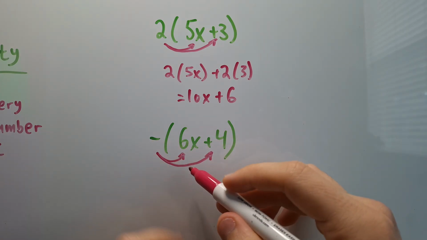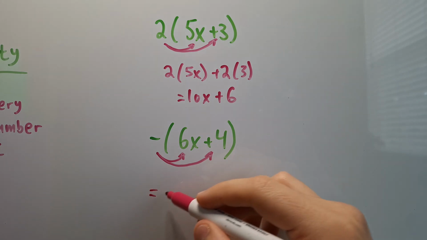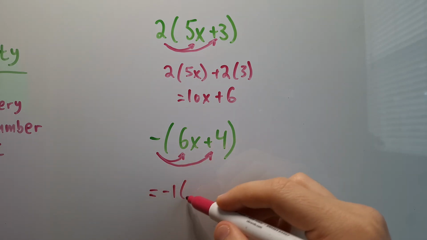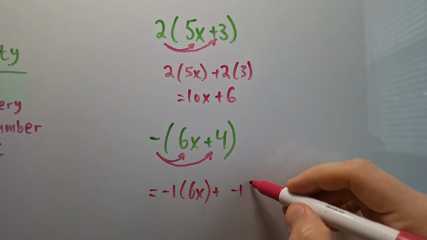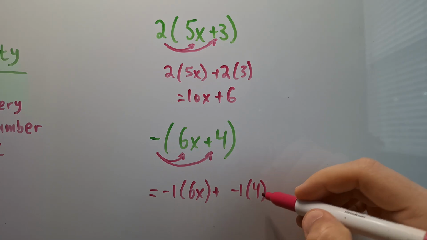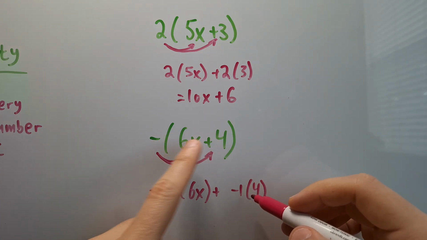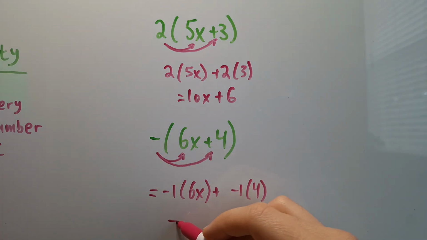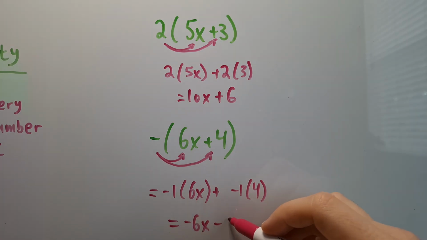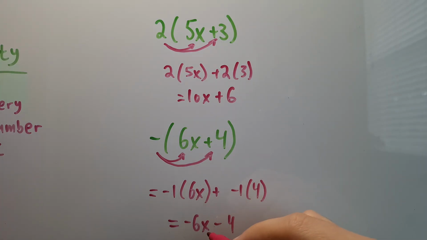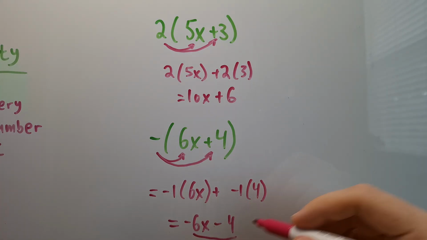Once we're done distributing, both those terms are going to be negative because we're distributing that -1 to every term in the parentheses here. I'm just writing out the multiplication steps here. So now we've got -6x minus 4. This would be our final answer right here.